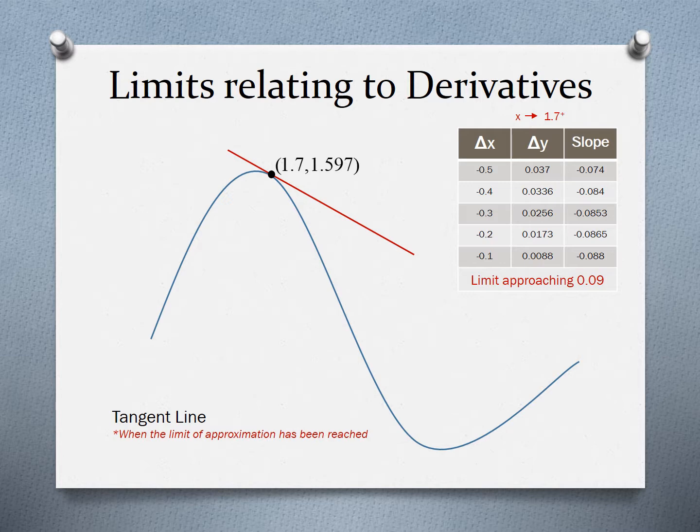Now, here is where we must go a little further. I'm reaching the limit of approximation. A lot of things have happened suddenly. When I reach that limit, I now no longer have a secant line. Instantly, I have a tangent line. However, there is another caveat to defining limits regarding this curve.